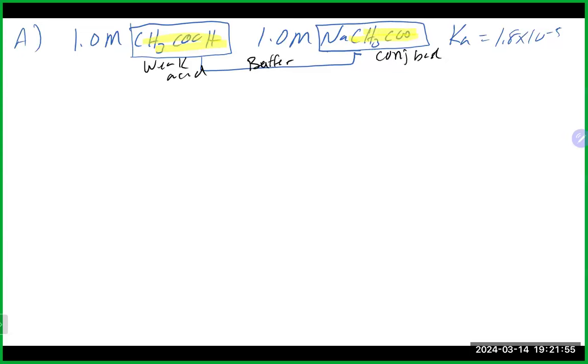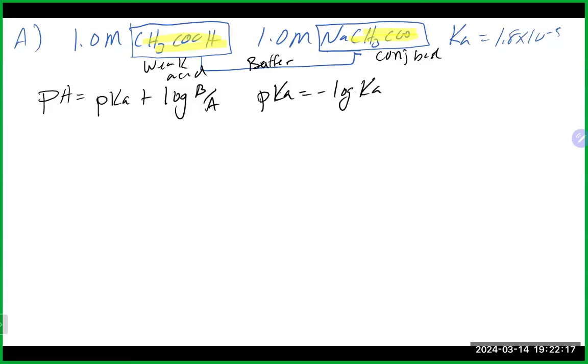Because you can recognize it as a buffer, you do have two options as to how you would want to solve it. Probably the easiest option would be to go into your Henderson-Hasselbalch equation, which is pH equals pKa plus the log of your base over your acid, where pKa is equal to minus the log of the Ka value. If we do that, we would calculate our pKa, which would be minus the log of 1.8 times 10 to the minus 5.